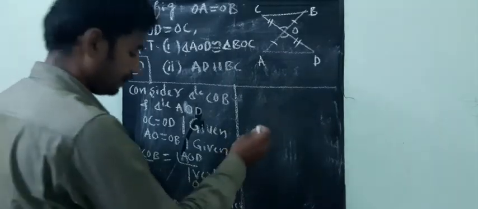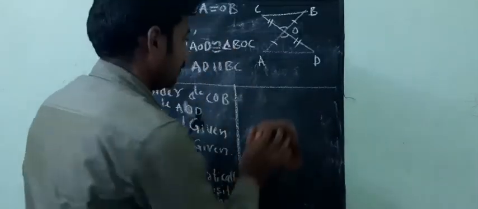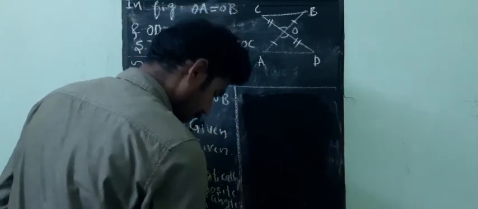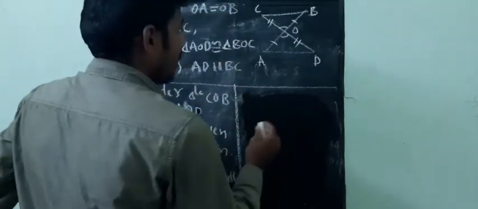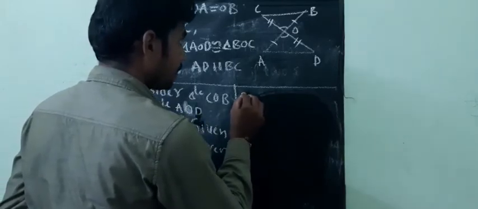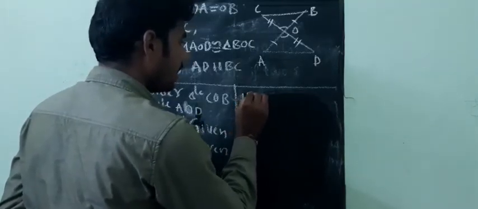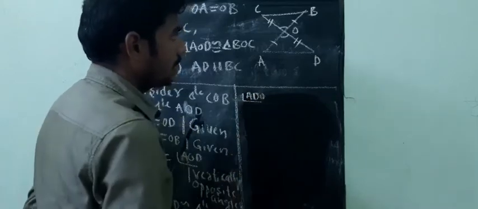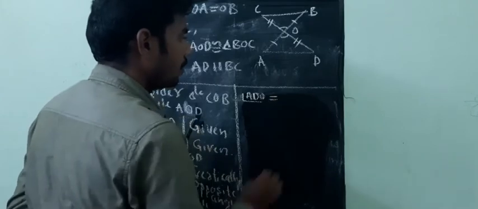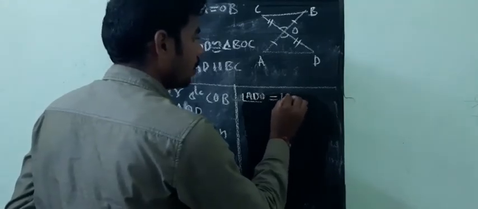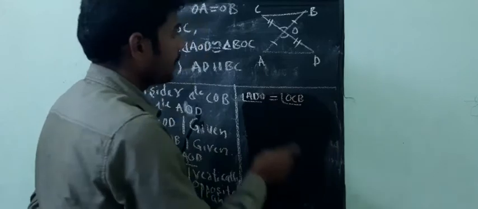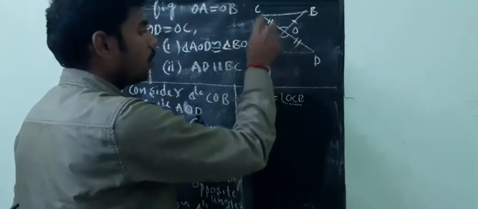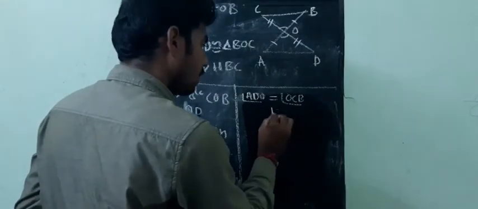See, now I'll write. Angle ADO is equal to angle OCB. Why? Angle ADO is equal to angle OCB. Why? Because CPCT.